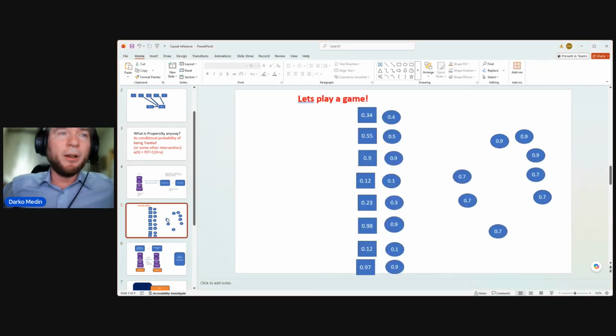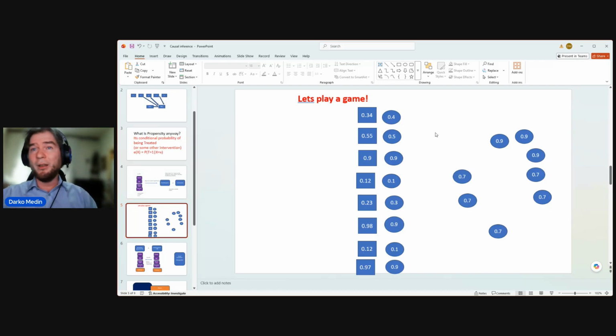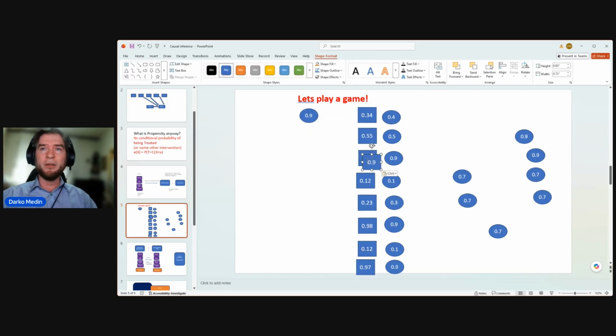So Priyanka is saying, well, there were multiple patients in one of the groups that could potentially be matched multiple times with one patient from a different group. So for example, I have patients here like this one, 0.9. What if I could now match this patient to this one or this one twice? So I'm going to copy and paste this one, and I'm going to do the same again.